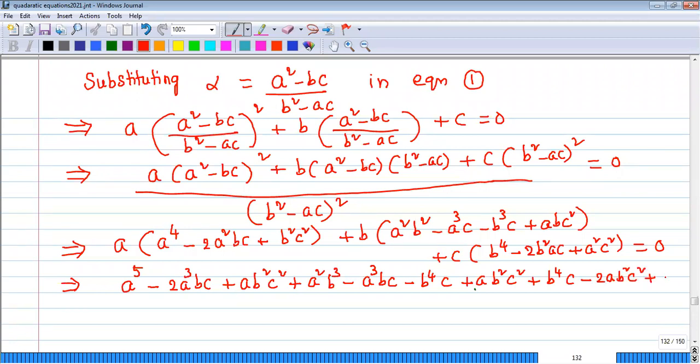This will be plus a square c cube equal to 0. So now you check here: ab square c square plus ab square c square, that is 2ab square c square, minus 2ab square c square cancel. Minus b power 4c plus b power 4c cancel. So remaining, write out. What is the remaining we have?